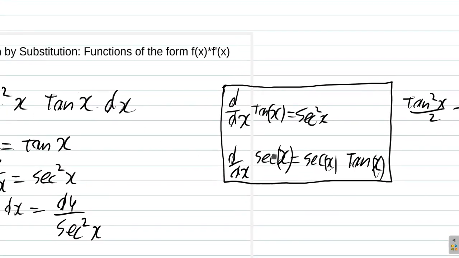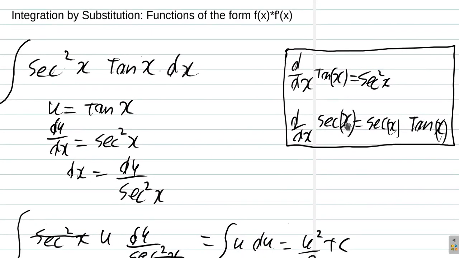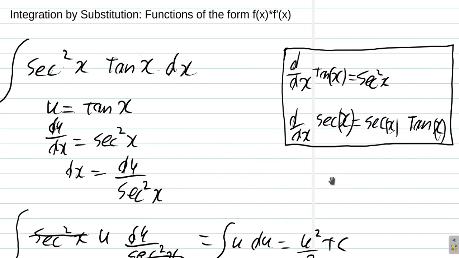Now, suppose we want to use the second derivative. What it says is the derivative with respect to x of sec x is sec x tan x. Let's see how we would do that.